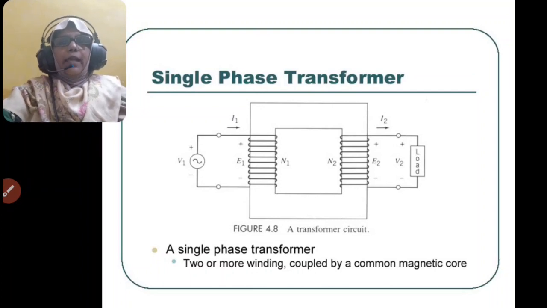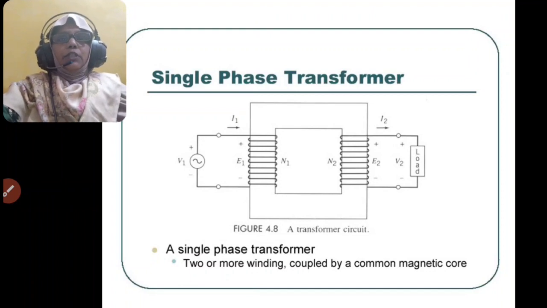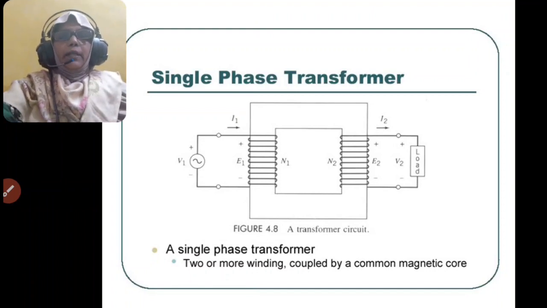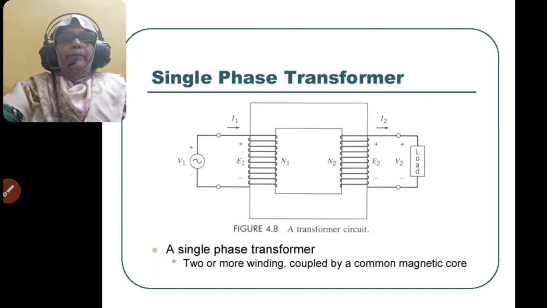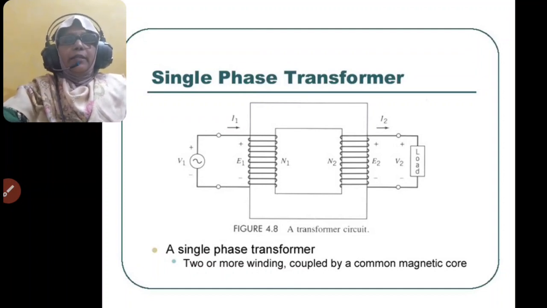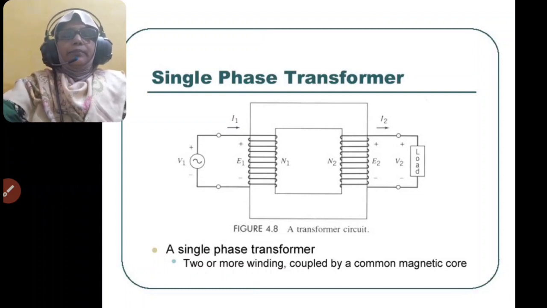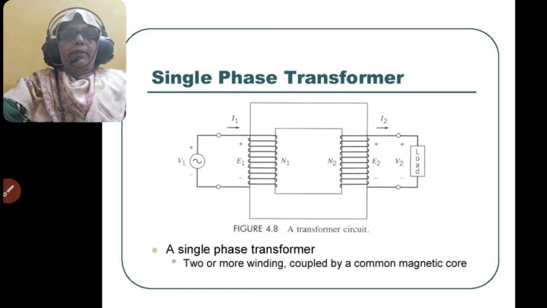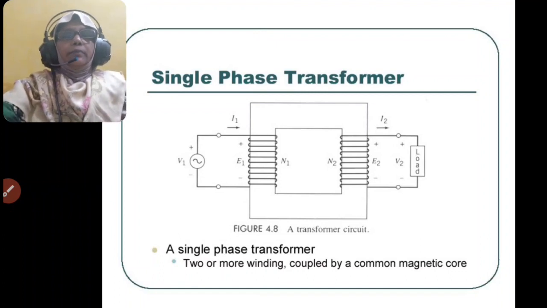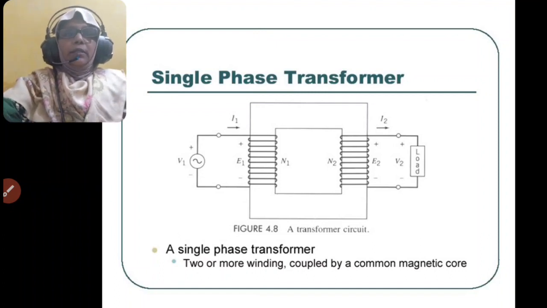At the left side, the primary coil is connected to the source of alternating voltage, whereas on the secondary circuit side, the load is connected across the two ends of the secondary coil. Here I1 is the current flowing in the primary coil, that is the first coil. I2 is the current flowing in the secondary coil.